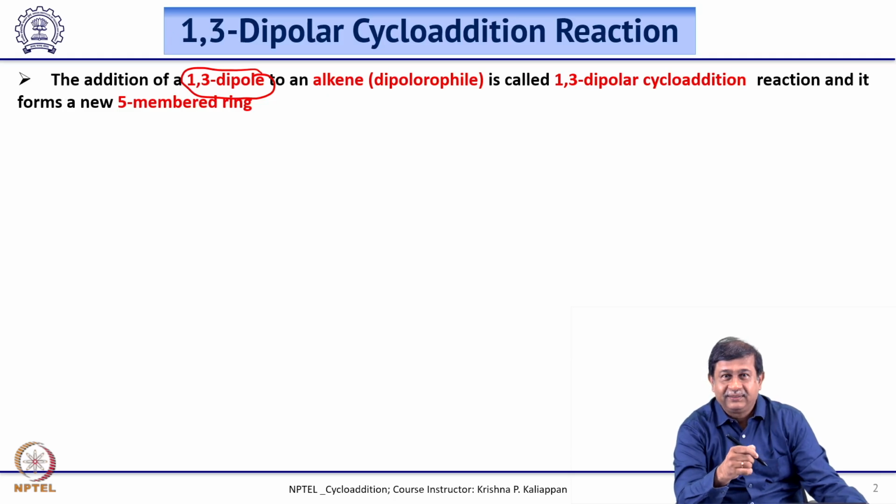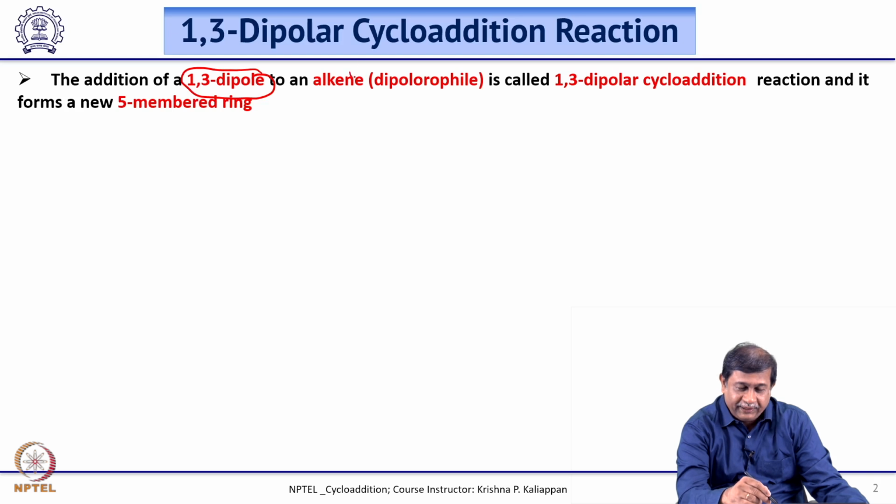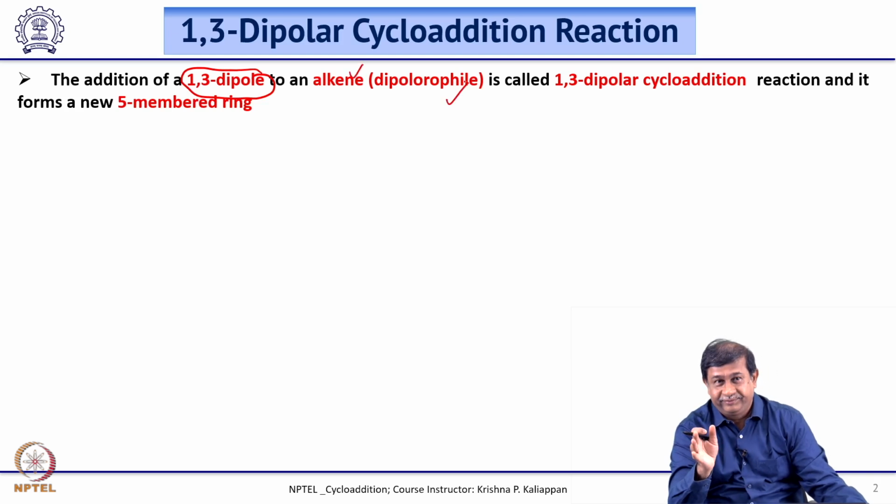Since we are using the term dipole, the 2 pi component, which is alkene, is called dipolarophile. So in the case of 1,3-dipolar cycloaddition reaction, we react a 1,3-dipole with a dipolarophile.